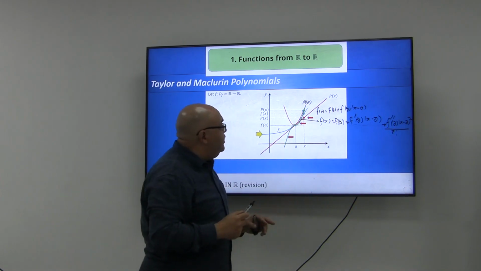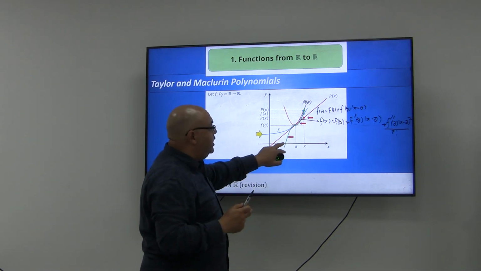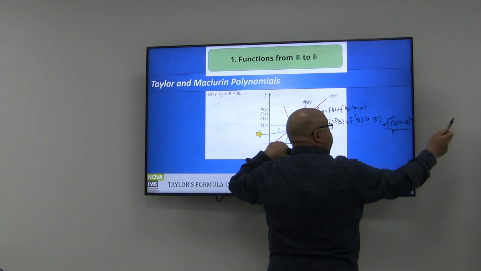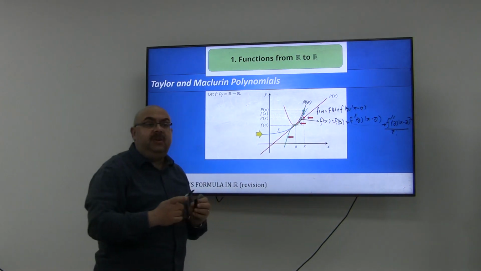This is for the quadratic function. If I'm using the cubic, then I will add plus f triple dash times x minus a to the power of 3 divided by factorial 3, and so on.